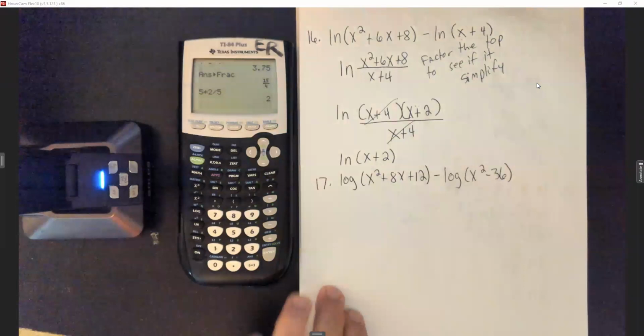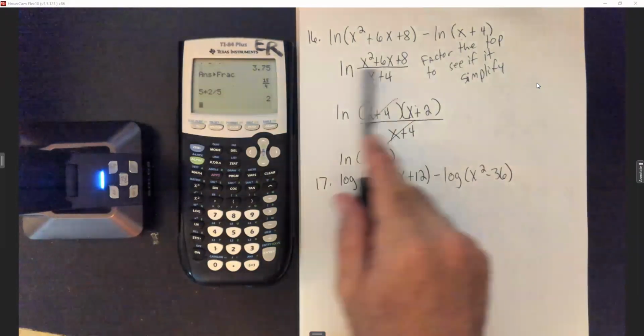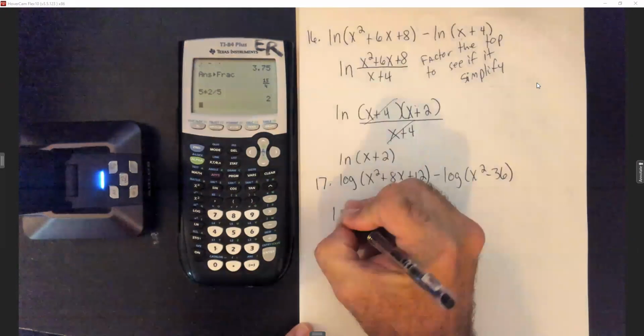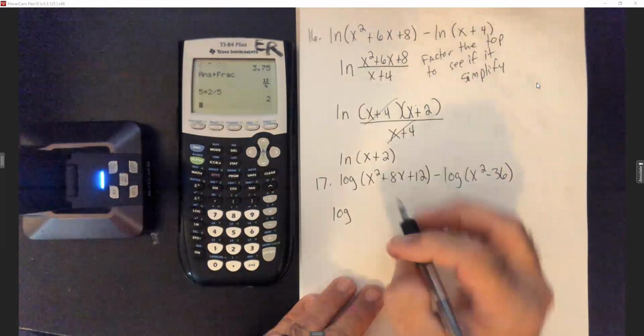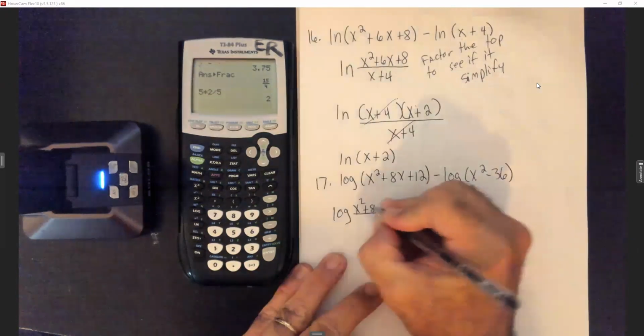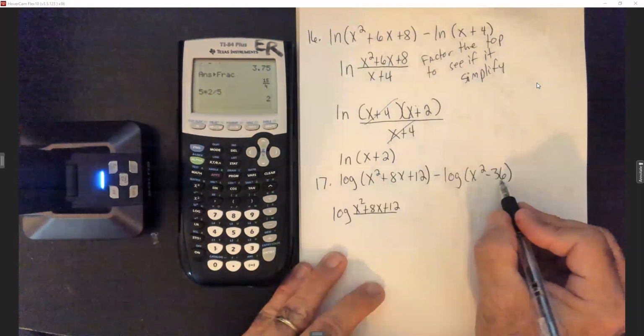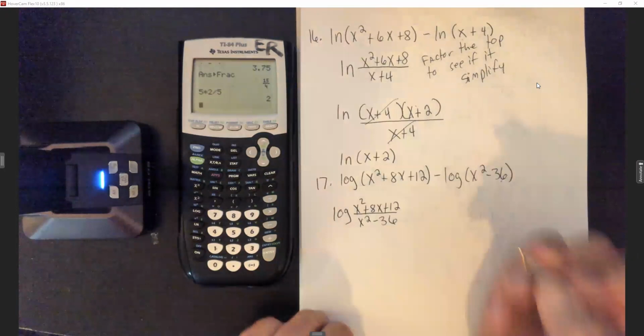So just like this problem I just did, I'm going to rewrite this as a single fraction. Log on top, I know is going to be the x squared plus 8x plus 12. And then the bottom will be the x squared minus 36.